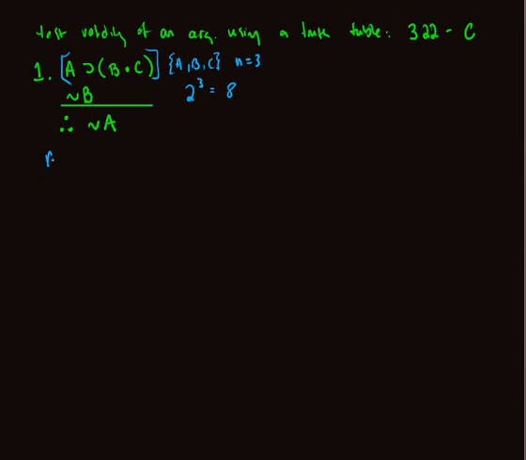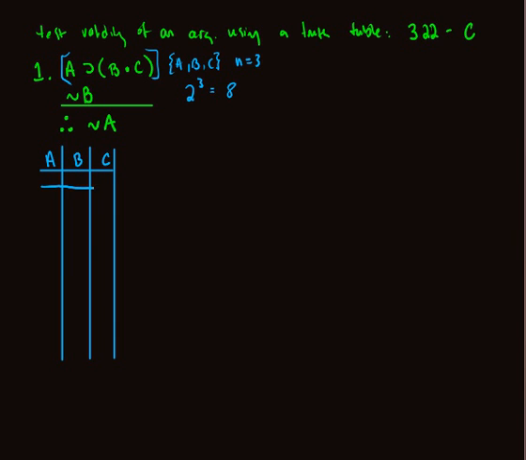First, I would draw my variables over here. Draw a line there. B. Okay, and then C. I'm going to draw another line just like that. All right, so I'm going to need 8 rows.